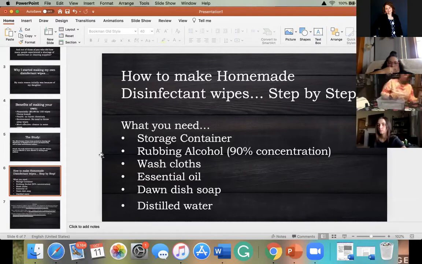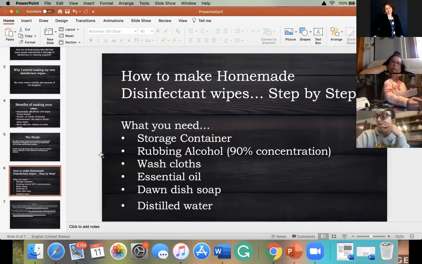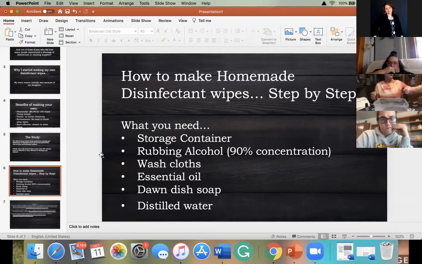Depending on what size of container you use or how many washcloths you use will depend on how much you want to do. So I did 4 cups of water for this container, and then 2 cups of the rubbing alcohol.